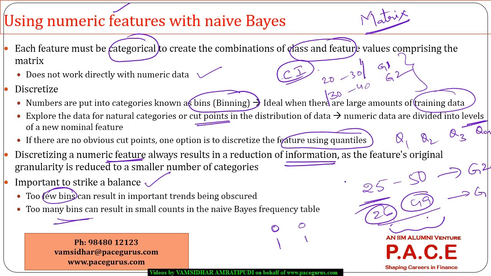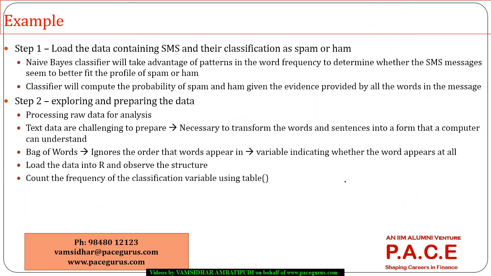Alright. So now let's move towards an example where we will take a set of SMS data. We'll have a CSV file which has a big list of SMS data, and those SMSs are typically classified as either spam or ham.